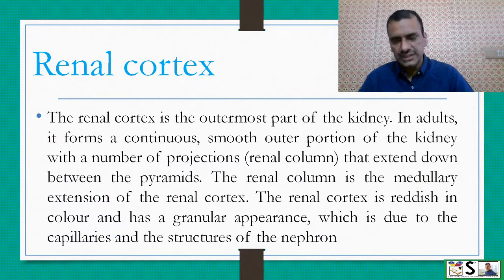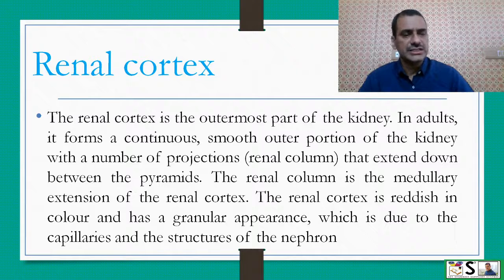Renal cortex. The renal cortex is the outermost part of the kidney. In adults, it forms a continuous smooth outer portion of the kidney with a number of projections known as renal columns that extend down between the pyramids. The renal columns are medullary extensions of the cortex that go into the medulla.